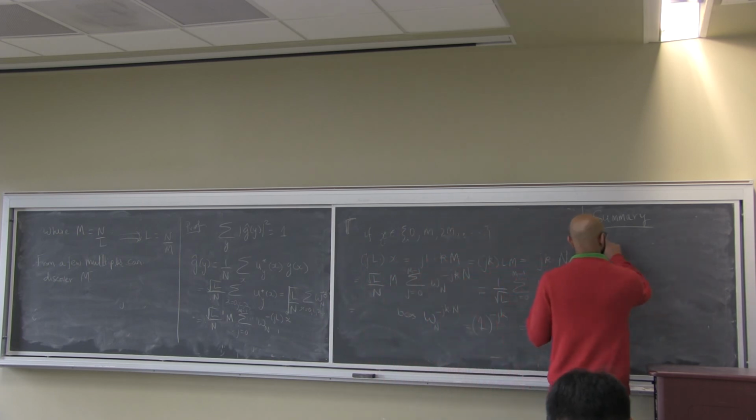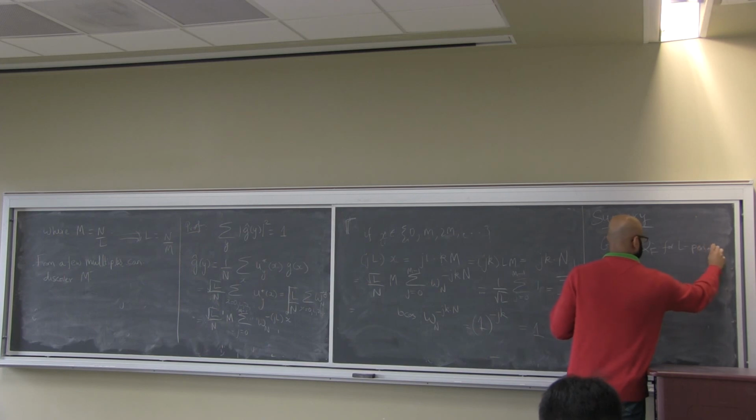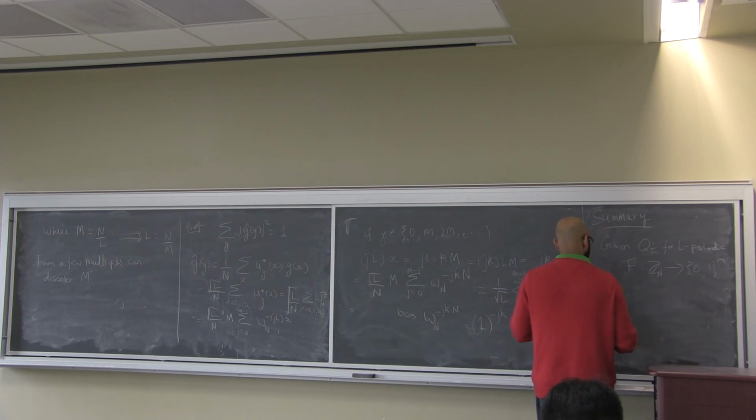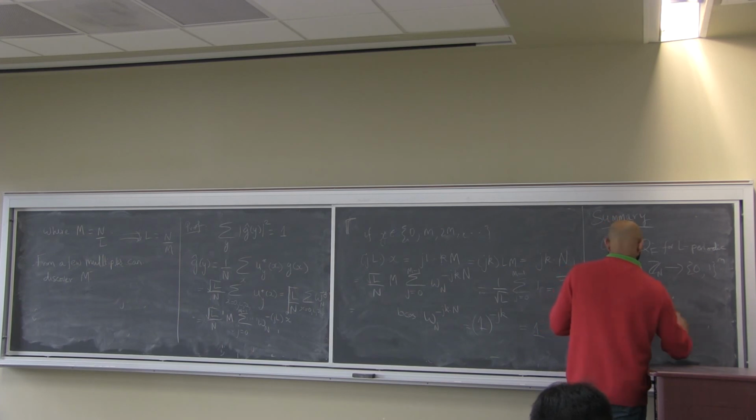So the summary is, given QF, which is for an L periodic function, which takes Zn to some strings 0, 1 to the power m, we can, first of all, load the function f into the superposition state ket.